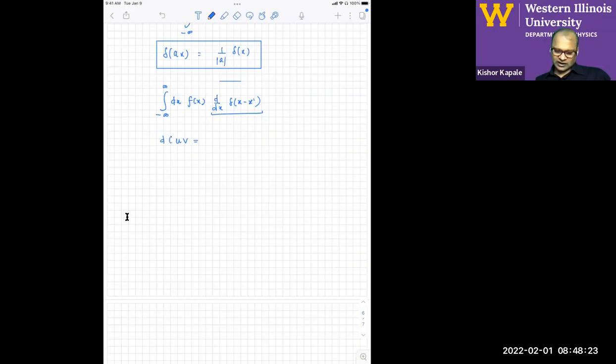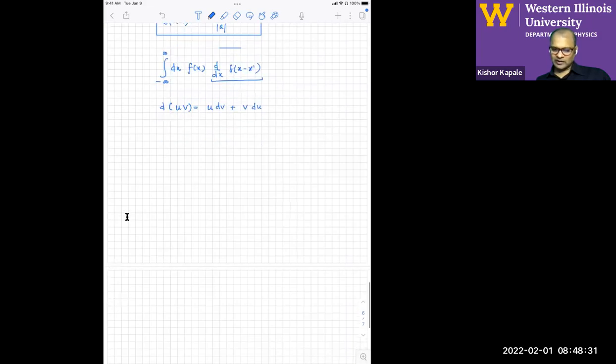So if you want to take the derivative of a product, d of uv, it's u dv plus v du. This you know, that's very easy to remember. Now we integrate on both sides.